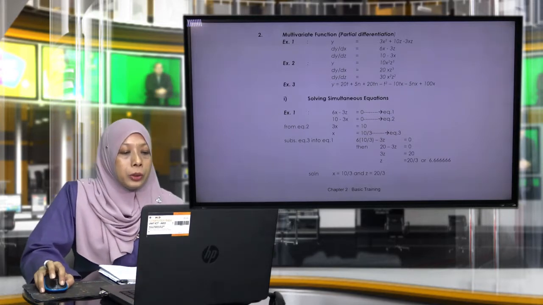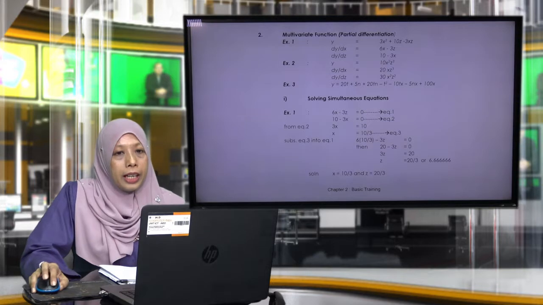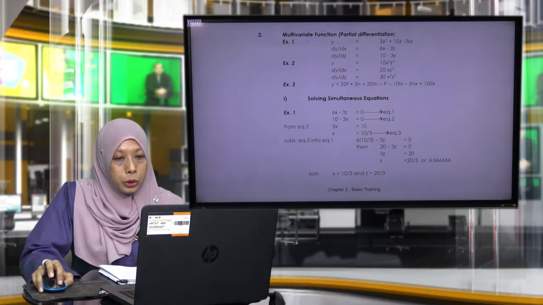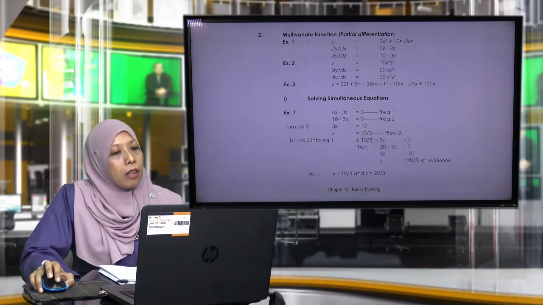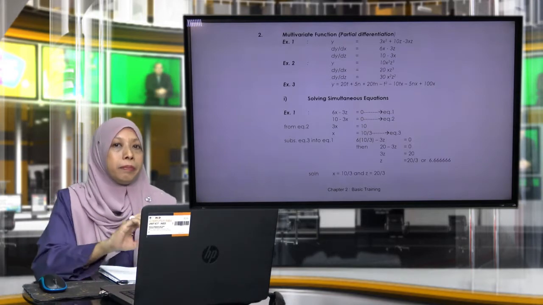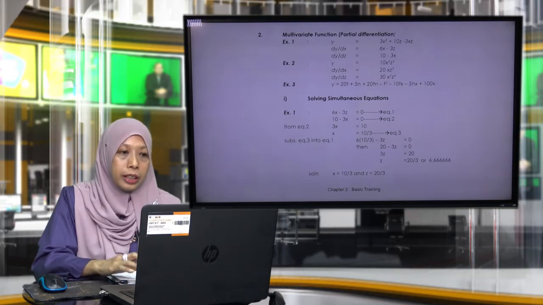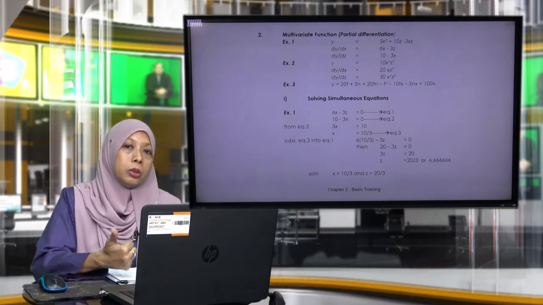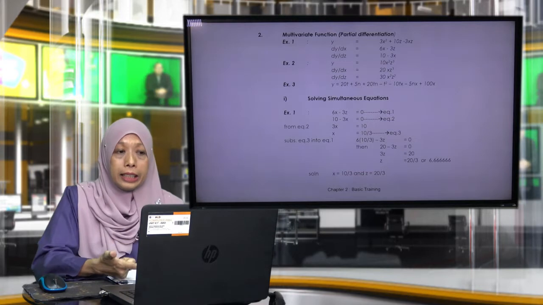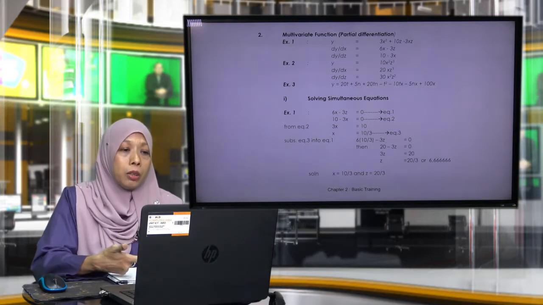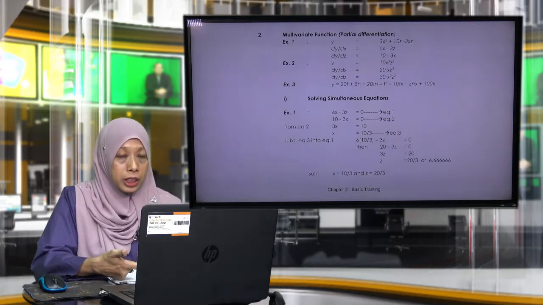Alright, so far I have already highlighted to you all the calculus techniques that you need to know for this course. Remember, you need to know the rules of differentiation. The second thing, you need to know how to conduct partial differentiation.